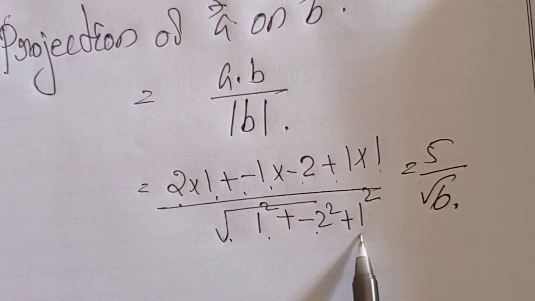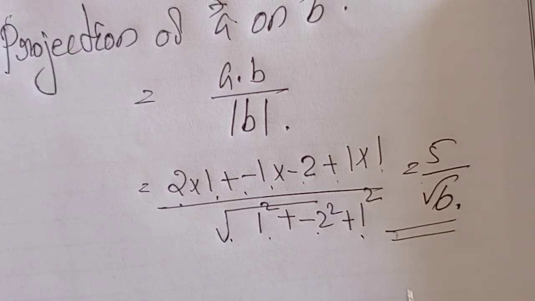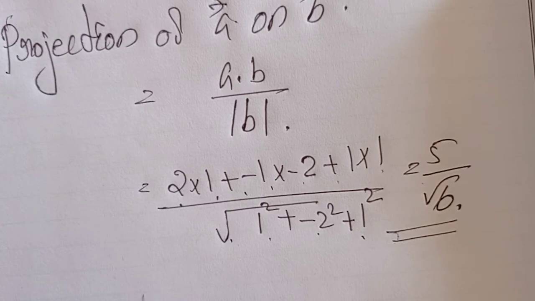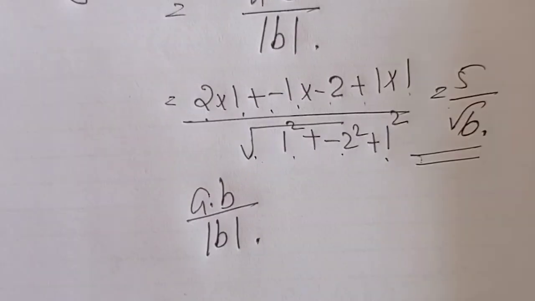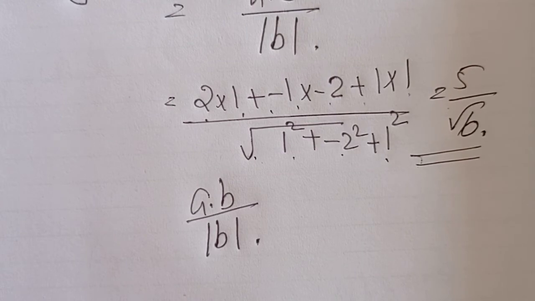Then the final answer 5 by root 6. The very important topic: the projection of A on B is A dot B by mod B.